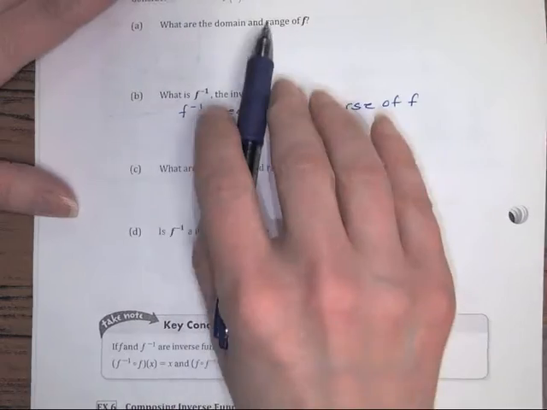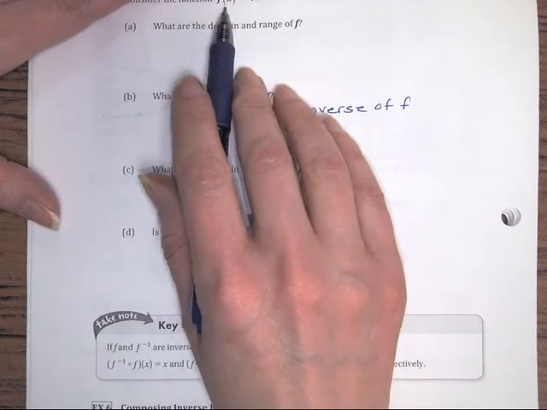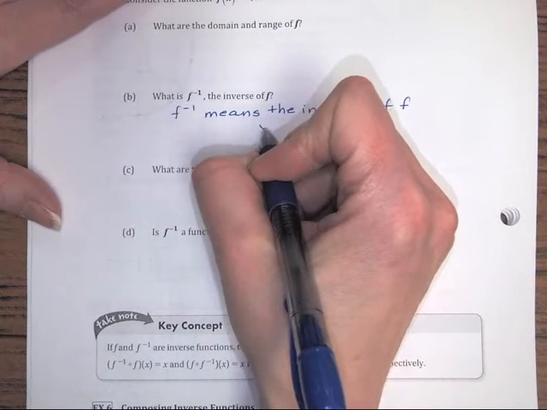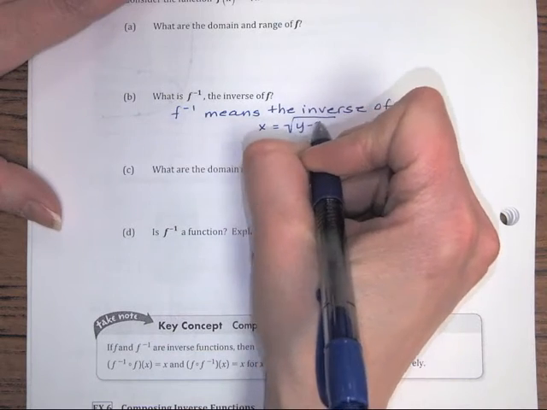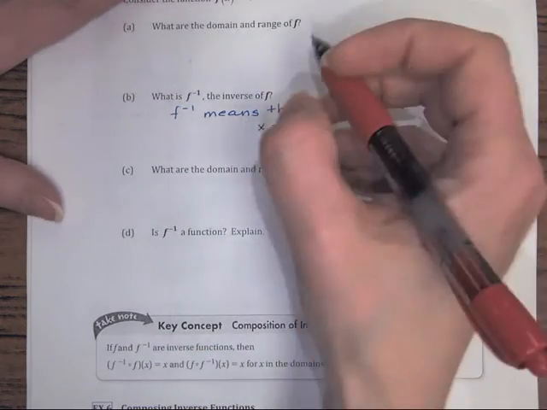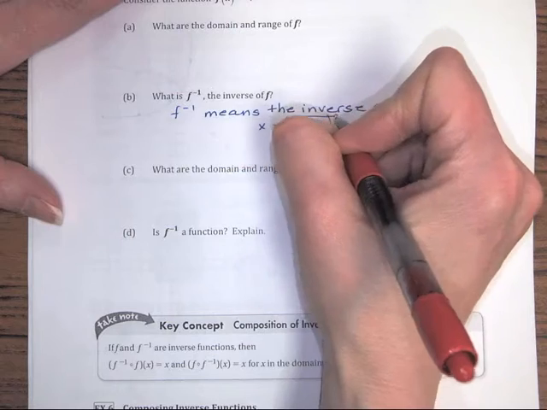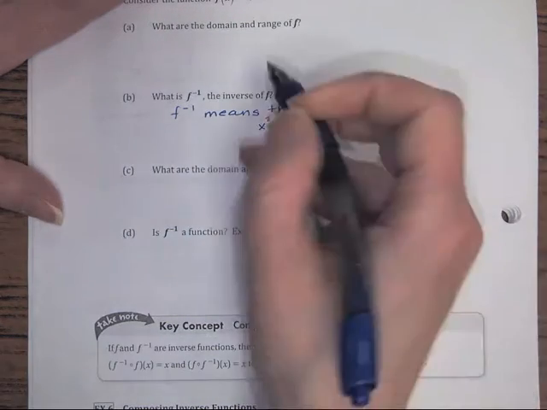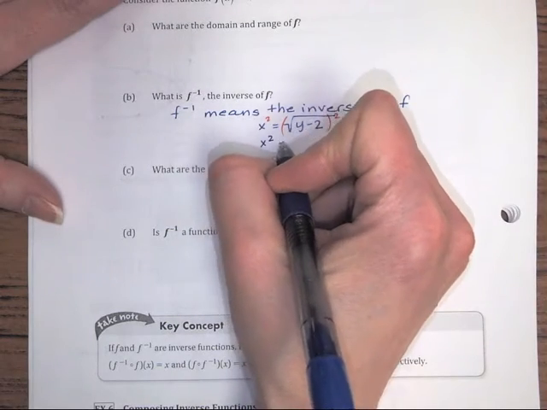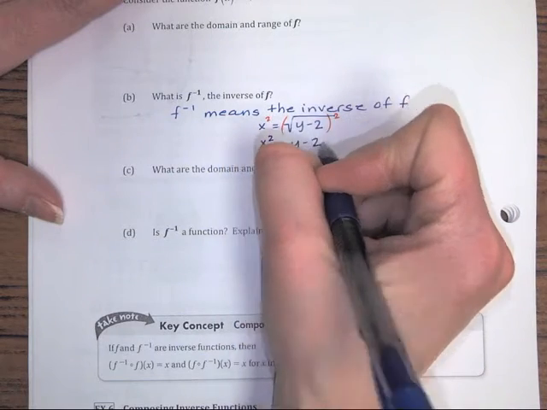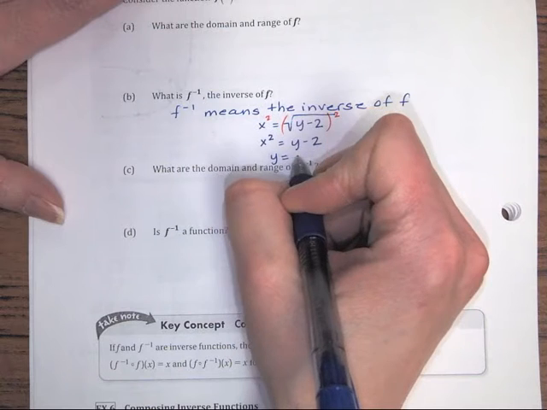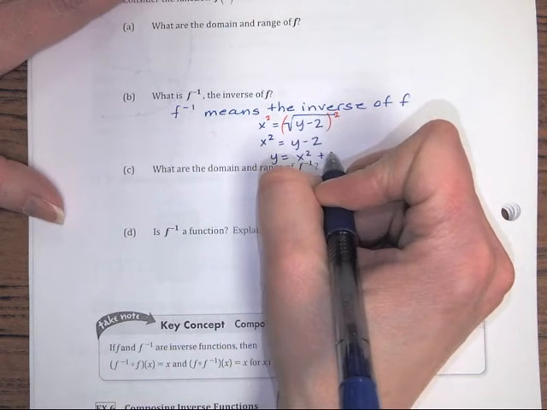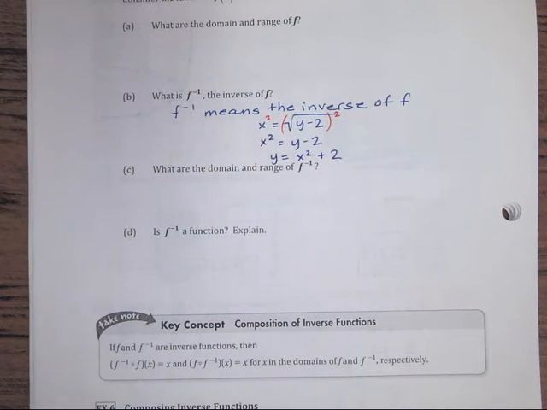So here's what we're going to do. We're going to take this y and switch it. So I'm going to have x equals the square root of y minus 2. The way that we get y by itself, you know this, square both sides, and I get x squared equals y minus 2. Add 2 to both sides, and I get y equals x squared plus 2. So there's the inverse.